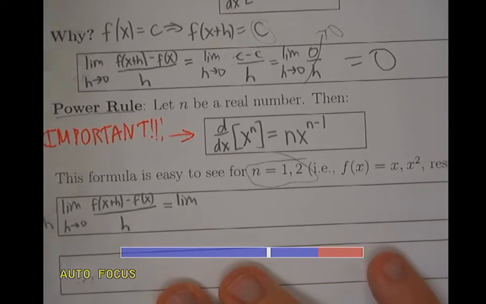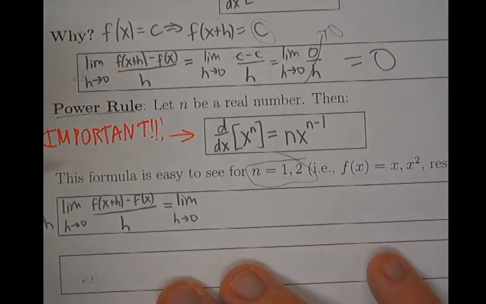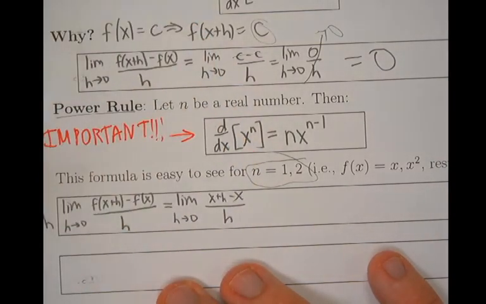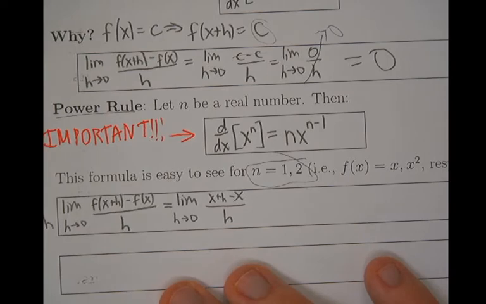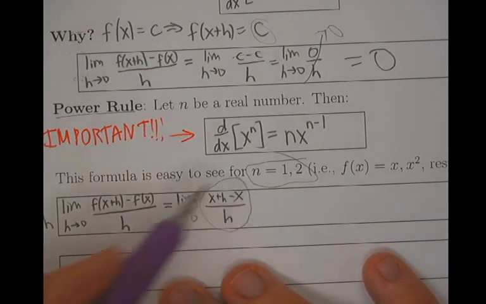So let's do that. h approaches 0, so that would be x plus h minus x divided by h. If we were to simplify all this in the difference quotient, what do we end up with?